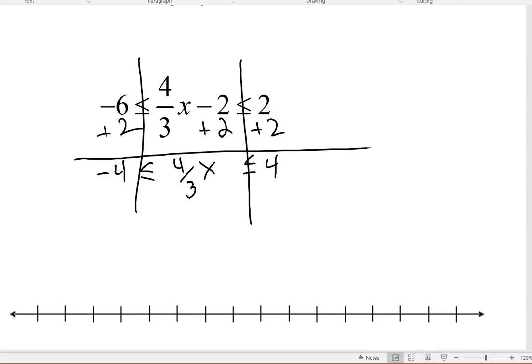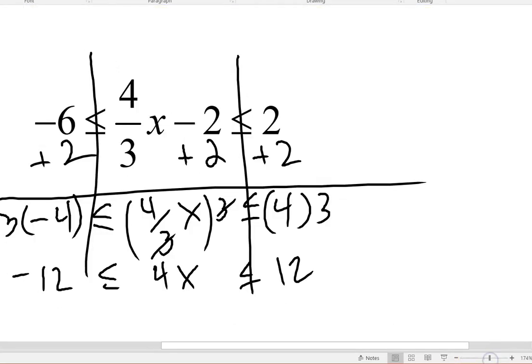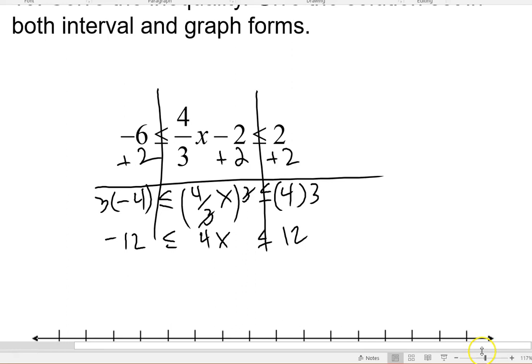I found more people are successful by just multiplying by the 3 first, giving us negative 12 less than or equal to 3's cancel, 4x less than or equal to 12. That was kind of cool, not helpful though. Divide everything by the 4, negative 3 less than or equal to x less than or equal to positive 3.